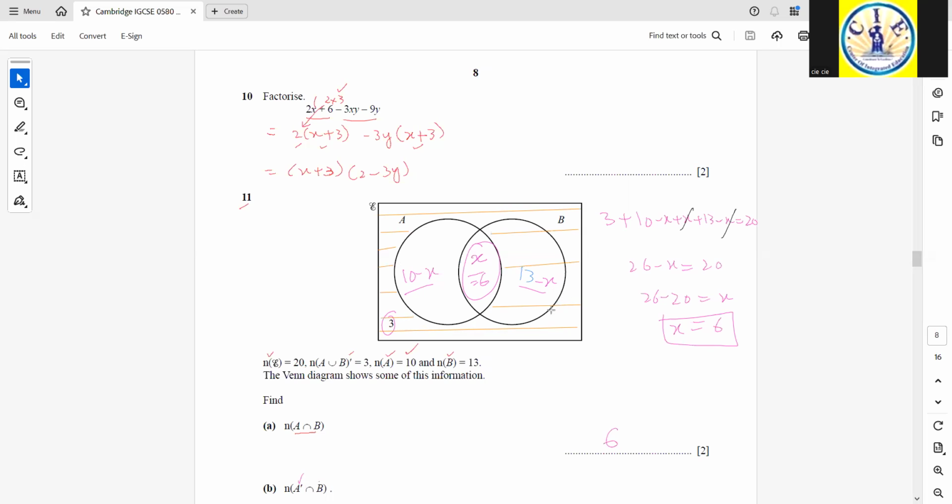Then we need to see its common portion with set B. The common portion with set B is this one. So the answer is going to be for this region, that is 13 minus x, that is 13 minus 6, that is 7. So the answer to this part is 7 elements in this.